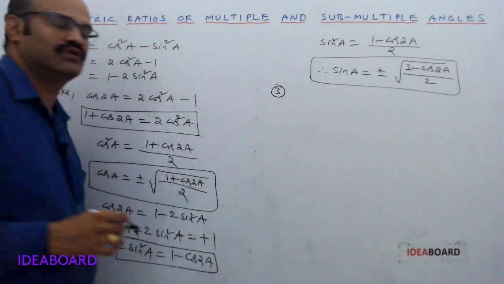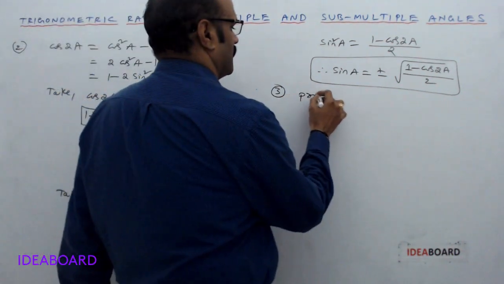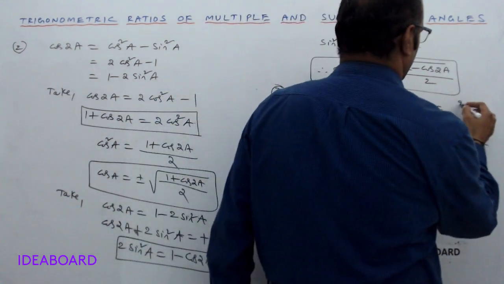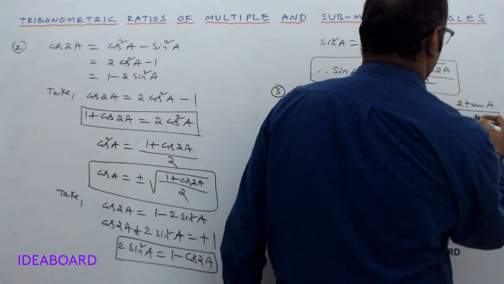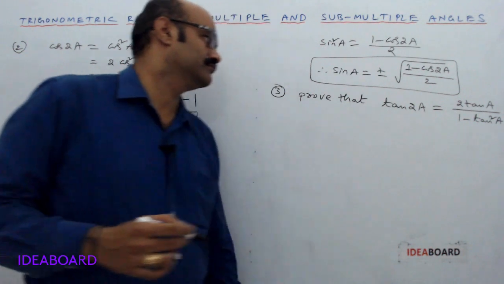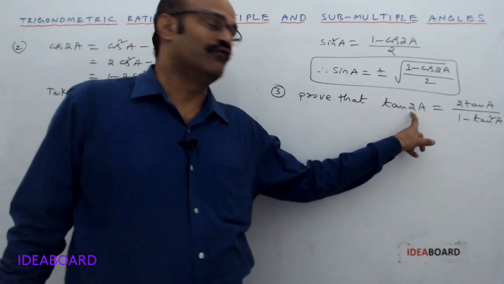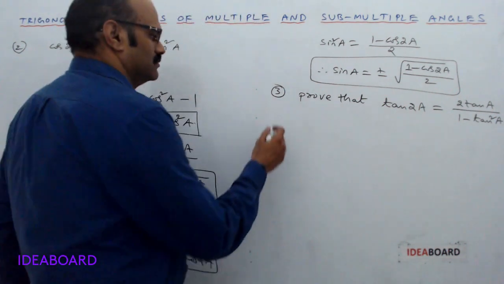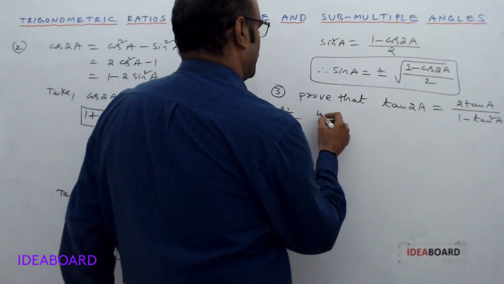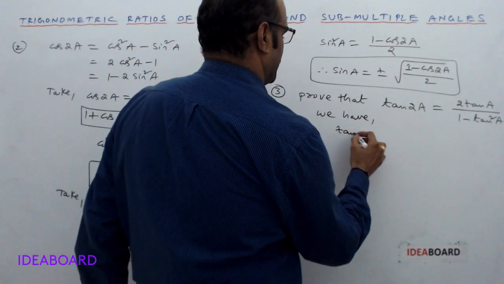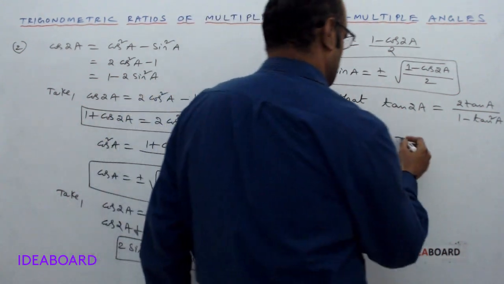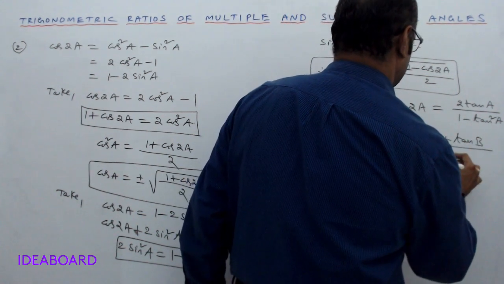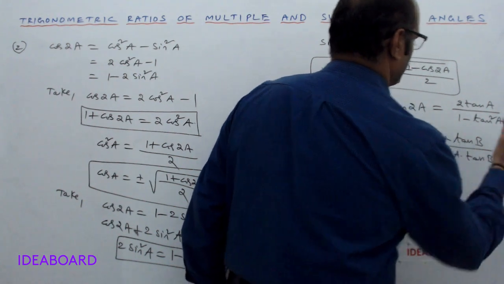Next, third one. Prove that tan 2A equal to 2 tan A by 1 minus tan square A. Here we have to take the formula from the compound angles, that is tan of A plus B. We have tan of A plus B equal to (tan A plus tan B) by (1 minus tan A into tan B).